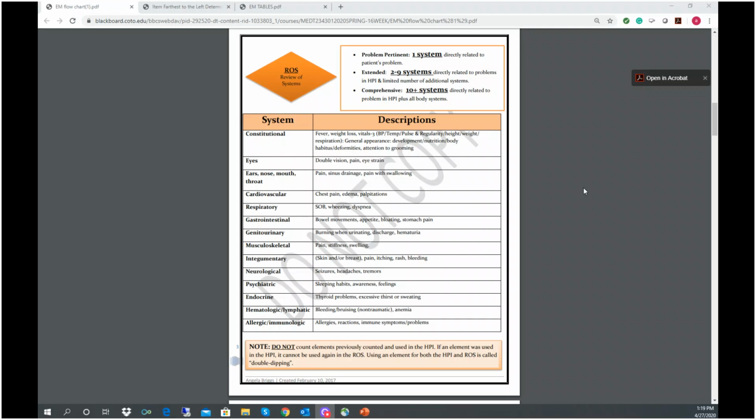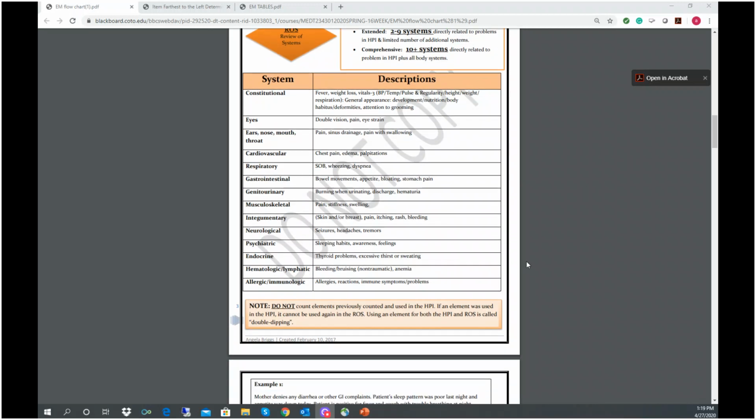If an element was used in the HPI, it cannot be used again in ROS. Using an element for both the HPI and ROS is called double dipping. So that is a term that you would need to know.